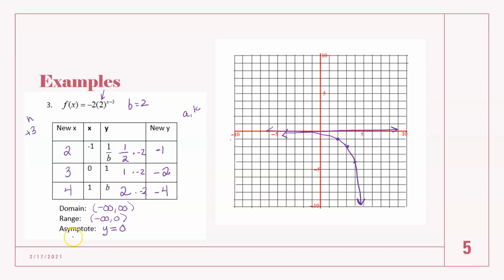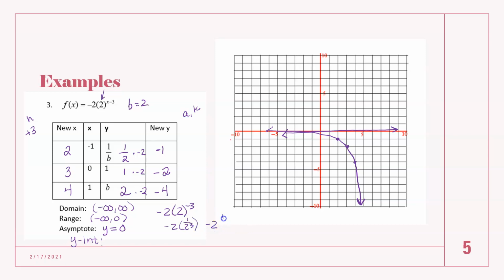And I told you to add the y-intercept. So this time it's a little trickier. What you want to do is plug in 0 for x to get the y-intercept. So I'm going to take -2 times 2 to the 0 minus 3 power, which is the negative third power, which gives me 2 to the negative third power is 1 over 2 to the third power, or 1/8.